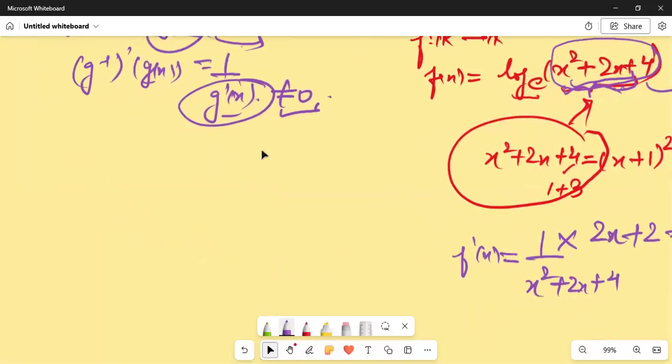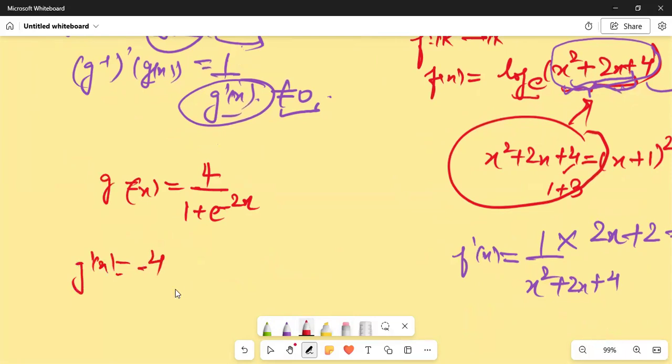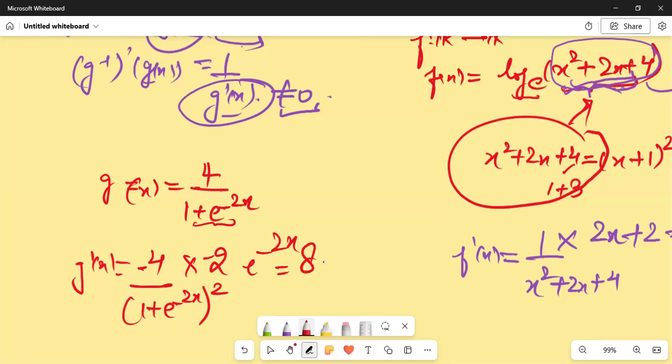So if you take the derivative of this function g, which is given by this, and you take the derivative, this is given by 8 into e raised to 2. So this is the derivative of g.